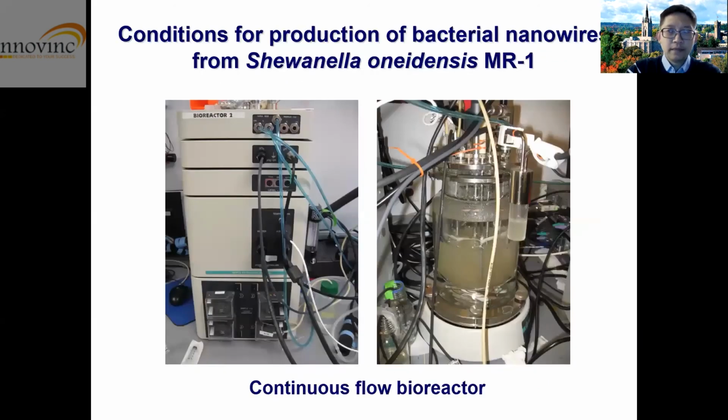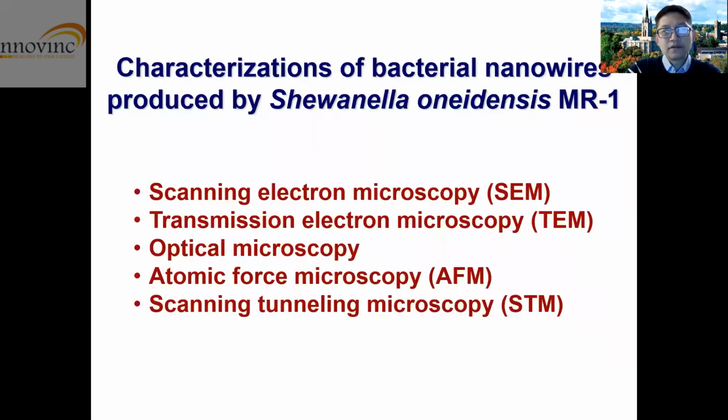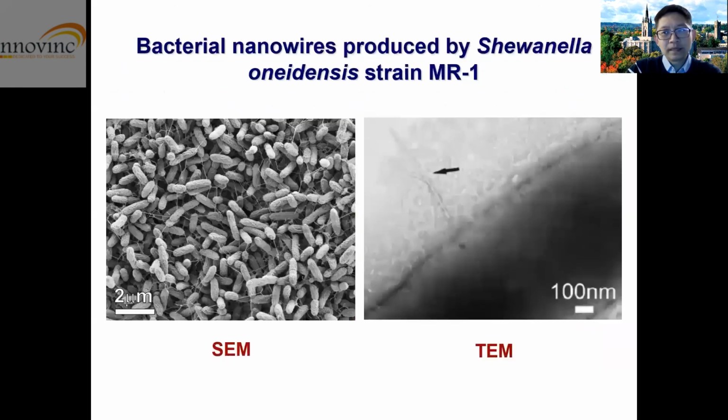So with our colleagues, we first cultured the bacteria. We used Shewanella MR1 as the example. After cell culture, we did characterization on the bacterial nanowire using a variety of characterization methods, for example, SEM, TEM, optical microscope, AFM, STM.